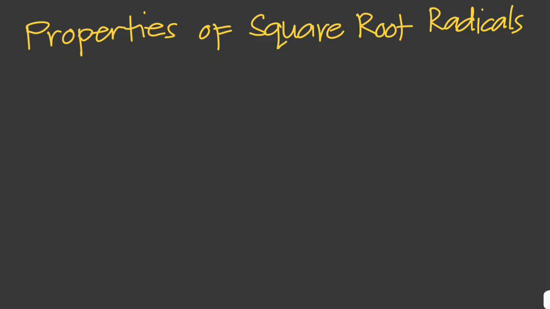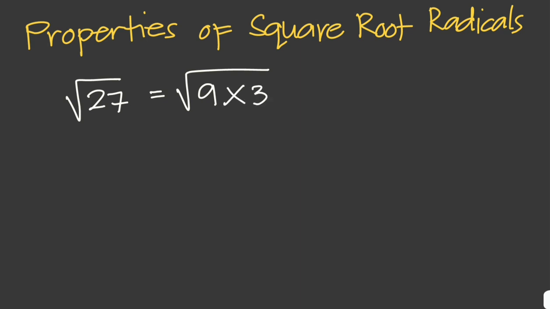Say for example, we're given square root of 27. The square root of 27 can be written as the square root of 9 times 3, because 27 is equivalent to 9 times 3. Then we can write this separately as square root of 9 times the square root of 3.